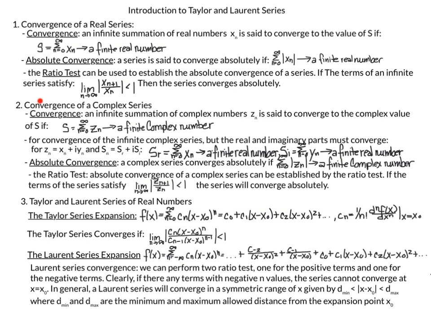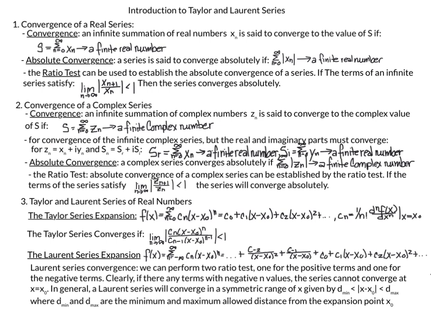We'll continue talking about convergence, but we'll consider a complex series. An infinite summation of complex numbers z_n is said to converge to the complex value capital S if S, equal to the sum from n equals 0 to infinity of z_n, approaches a finite complex number. For convergence of an infinite complex series, both the real and imaginary parts must converge.